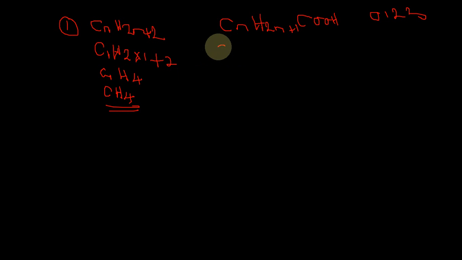So when I put a 0, it will be C0. Where there's n, I'll put a 0, and wherever there is n, like I said, I'll put a 0. So it's 2 times 0 plus 1, COOH. Anything multiplied by 0 is 0, and here it is 2 times 0, which is 0, plus 1.